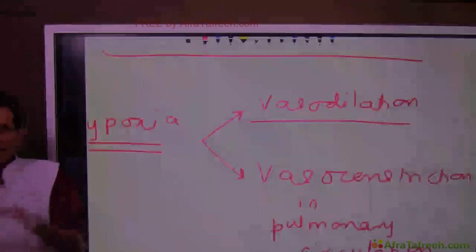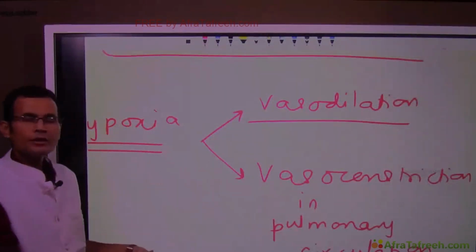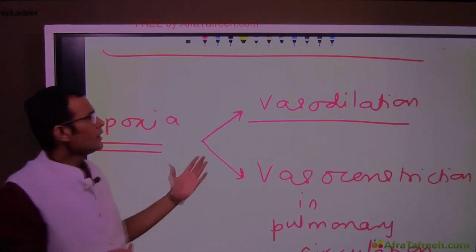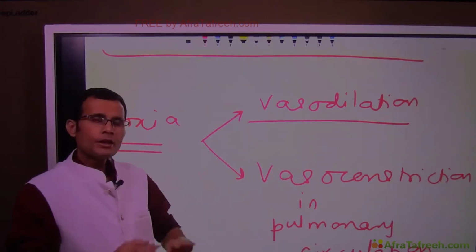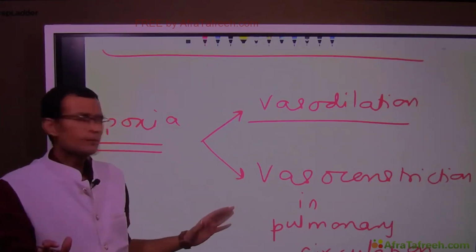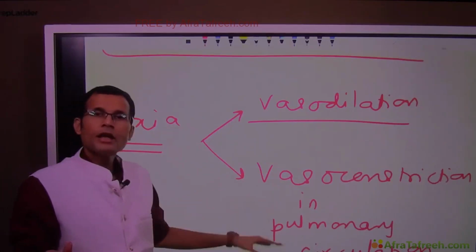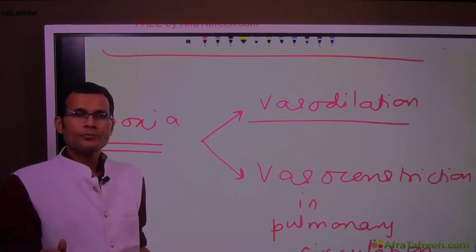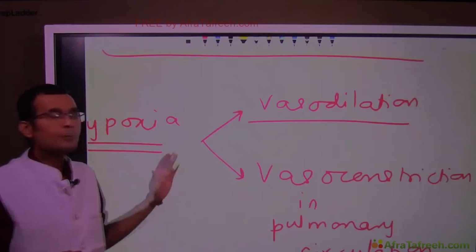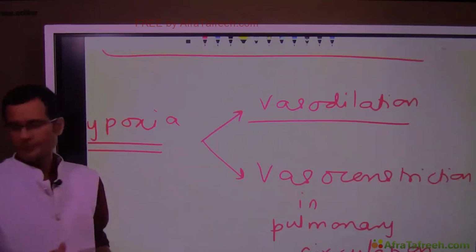So same hypoxia, same stimulus, it causes vasodilation in all the vessels, systemic vessels, except in the lungs where it causes vasoconstriction. Why is that? It's because of the channels.